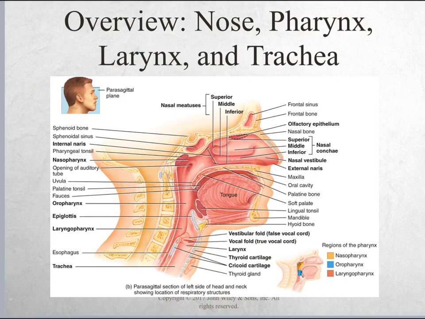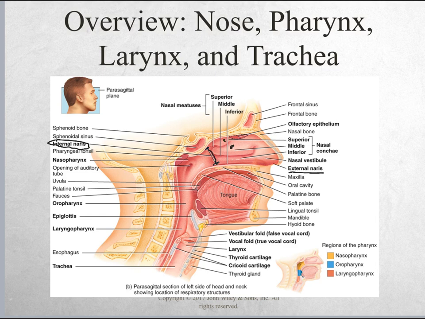So with this picture, we can identify the different parts of the upper respiratory system, and we look at the nose and all its associated structures. So we start right here with the external nares, and because there's always balance in biology, if we have an external nares, we're going to have an internal nares, and that internal nares is going to be located right behind, it's that space right behind those nasal conchae.